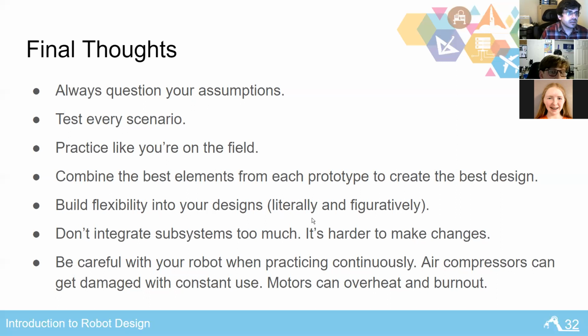Building flexibility into your designs, literally and figuratively. So literally, one of the things that is definitely important is to understand that you're going to be in this really head-to-head competition, lots of contact. Your robot needs to be robust.